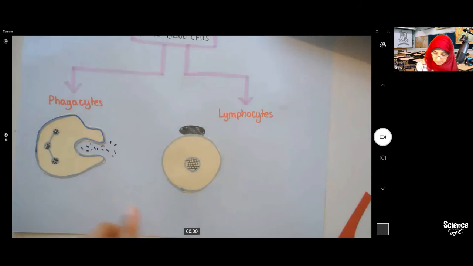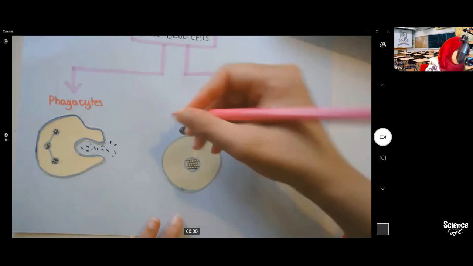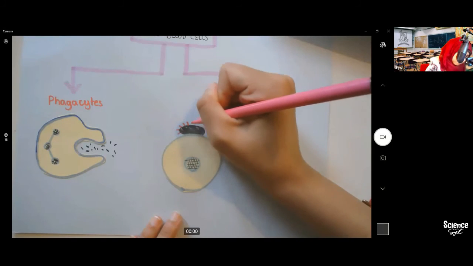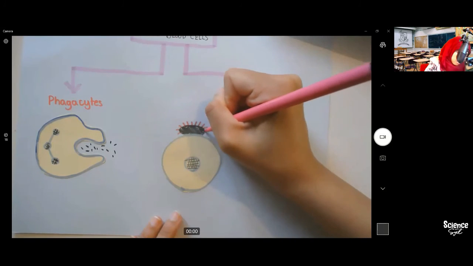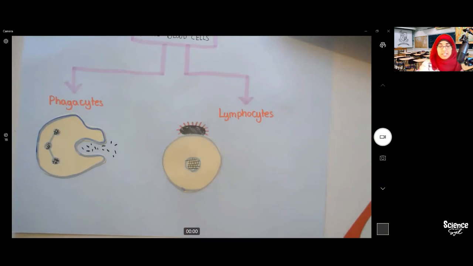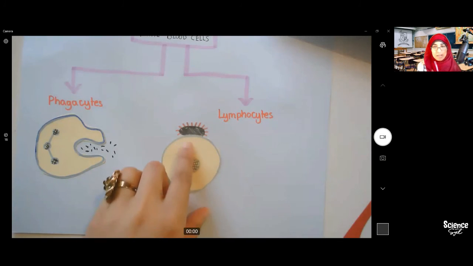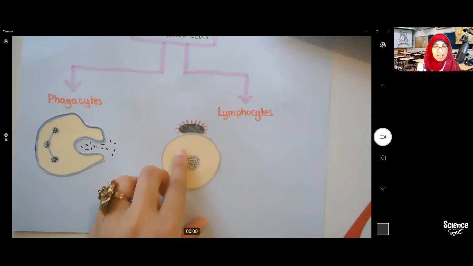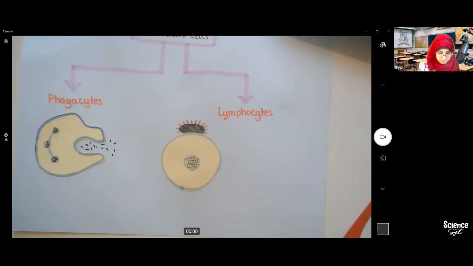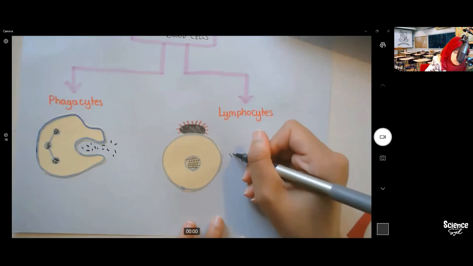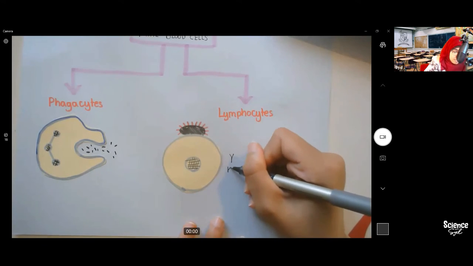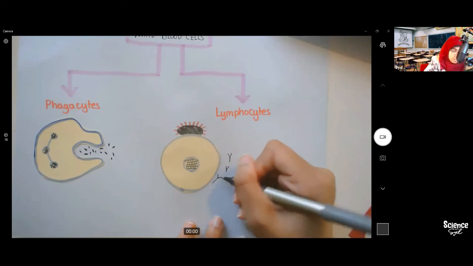And I'm going to draw some red spikes like this. And our coronavirus one is just round with spikes on. Okay, so this has a specific unique code. When it attacks our cells, our white blood cells, these lymphocytes produce a little special thing. They produce little antibodies. So these come out of this cell.